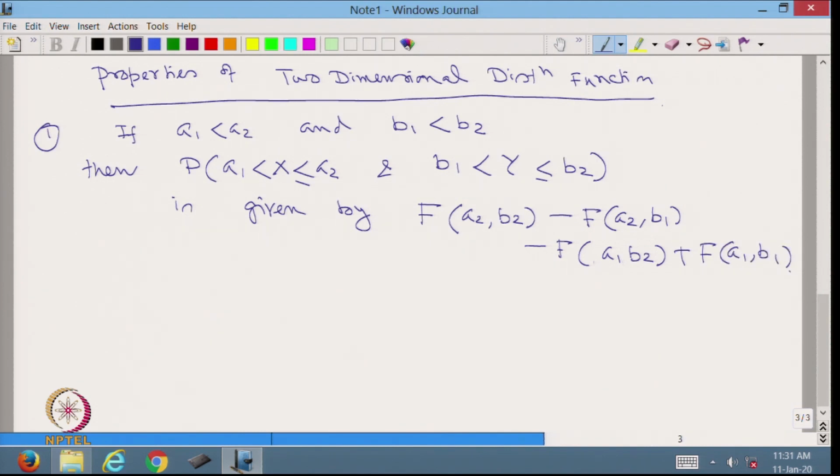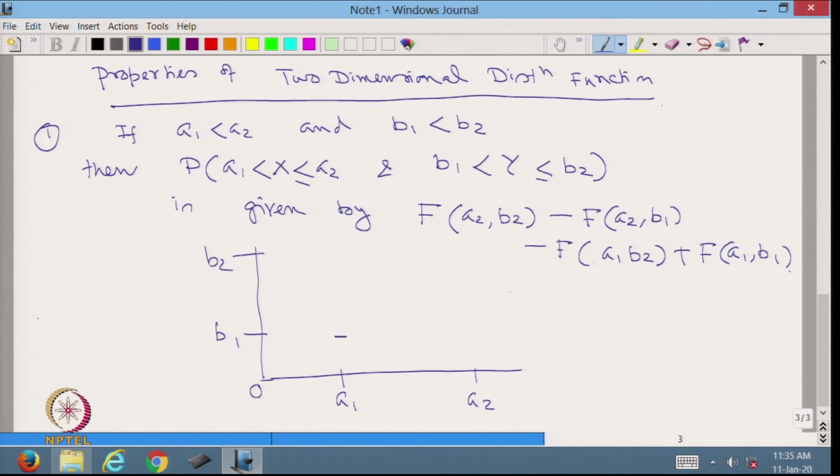I am not going to prove it, but I am trying to give an explanation of why it happens. So, consider this R2 plane and suppose these are the points A1, A2 on the x axis and these are the points B1 and B2 on the y axis.